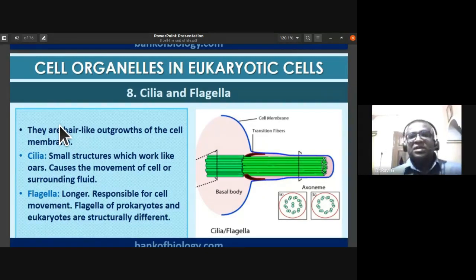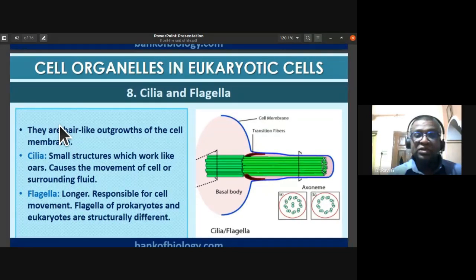The cilia work similarly, with an almost circular movement. These small structures cause the movement of the cell or of the surrounding fluid. That is the function of cilia.